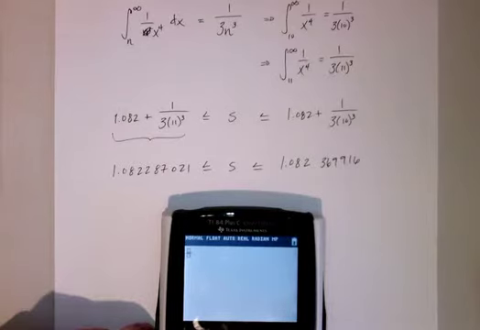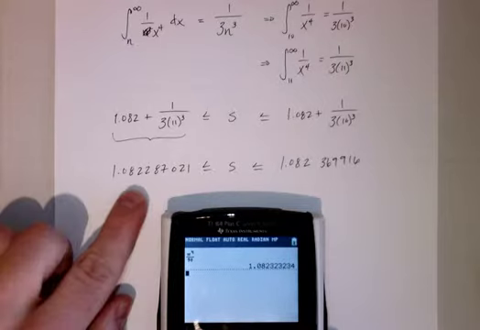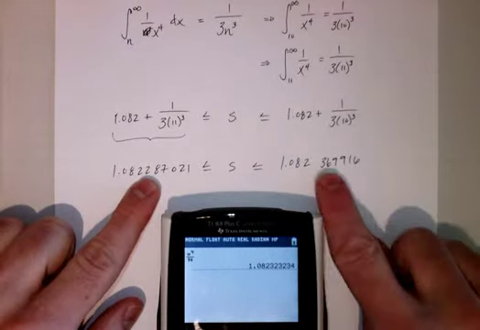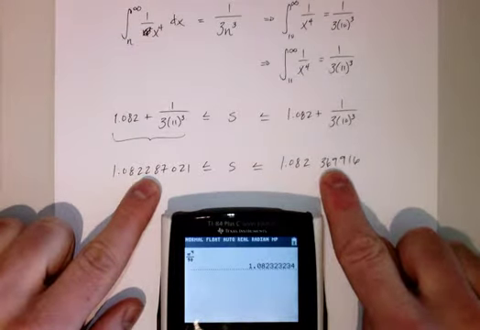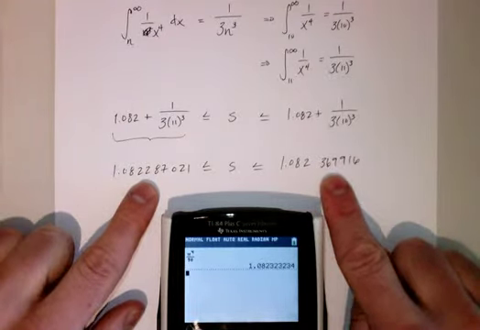By the way, it does. Pi raised to the 4th over 90, press enter, and we get 1.0823, so it's already larger than this one, and it's smaller than this one. And that actually winds up being smack dab right in the middle of those two boundaries.